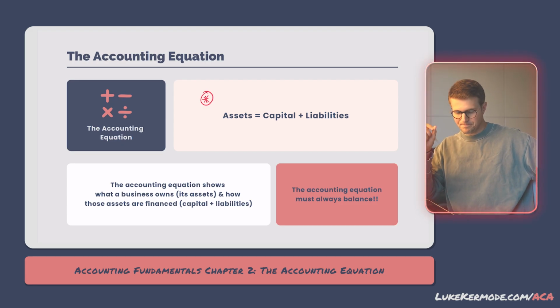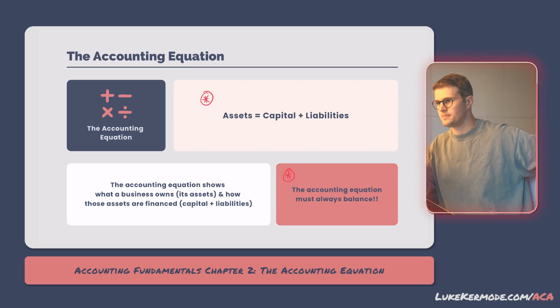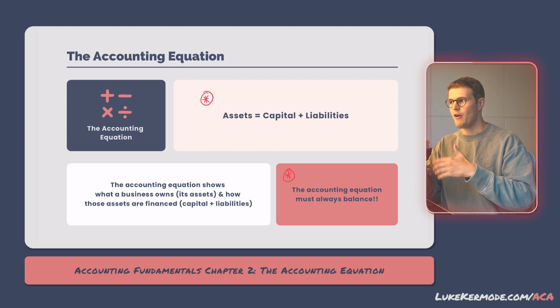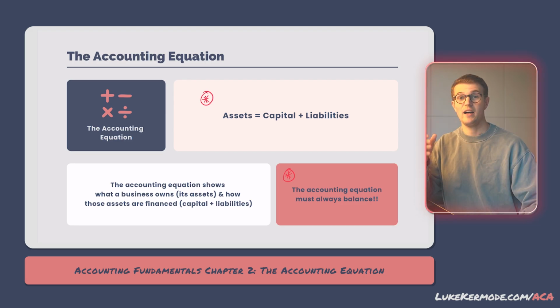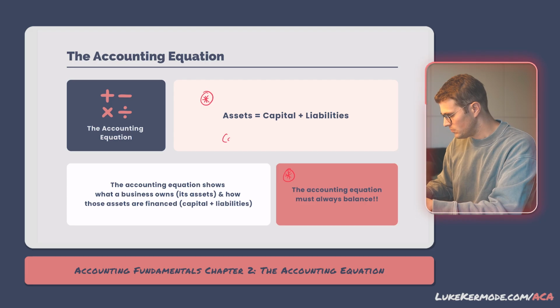And here's the key point. The accounting equation must always balance. Every asset has a source of financing behind it. Nothing appears in the accounts without an explanation of where the money has come from. And another way to look at the equation is that equity, or capital, is what's left over after liabilities are deducted from assets.